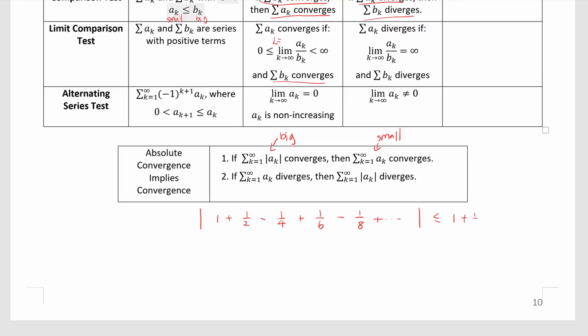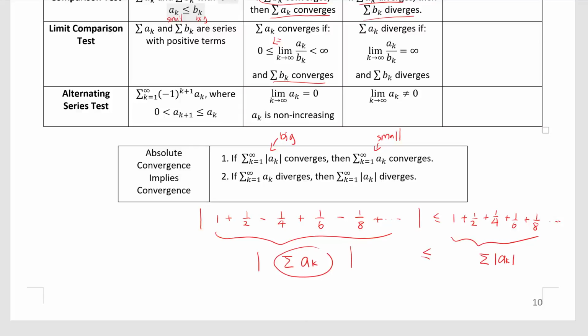So that becomes 1 plus 1/2 plus 1/4 plus 1/6 plus 1/8. This is the series of the absolute value of a sub k, and this is the absolute value of the series of a sub k. That's why the magnitude of that is less than or equal to the series of absolute values of a sub k. That's why this is the big guy and this is the small guy.